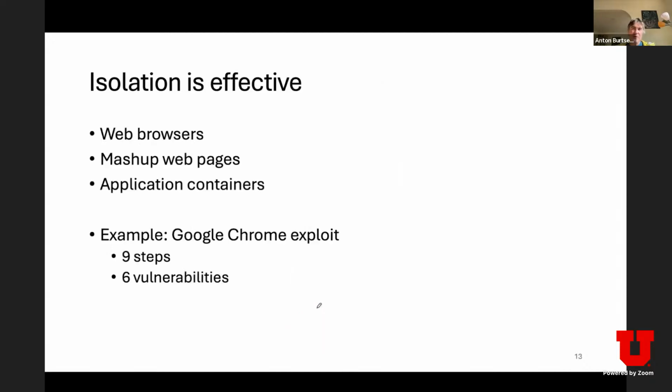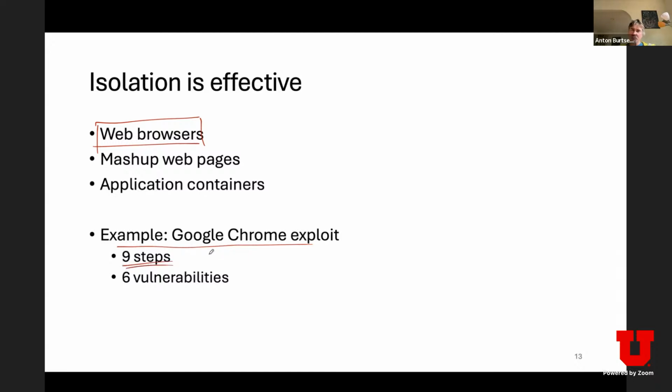So isolation was used in the past. For example, Chrome and I think Mozilla as well are using process-based isolation to make sure that individual browser tabs are used in isolation. Yes, those systems can be attacked, but for example, Google Chrome exploits typically require multiple steps.